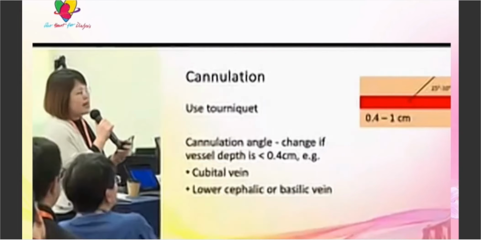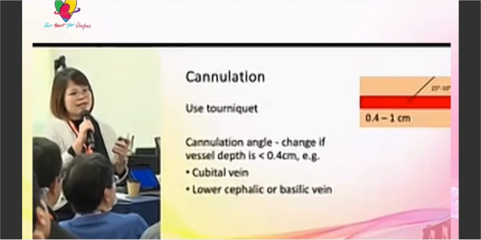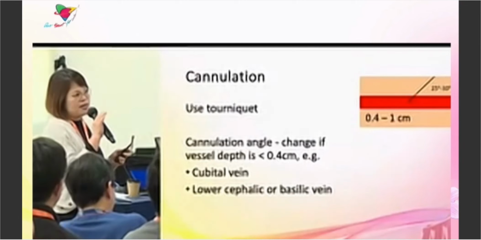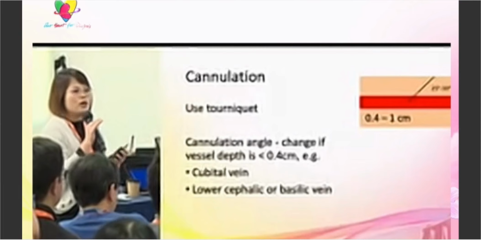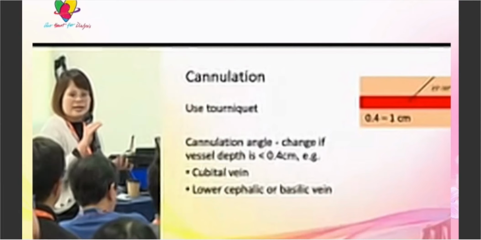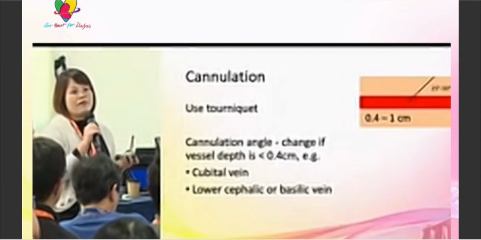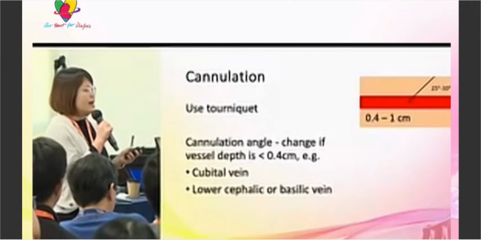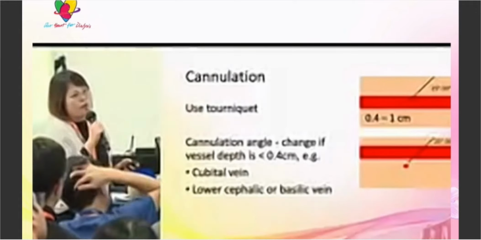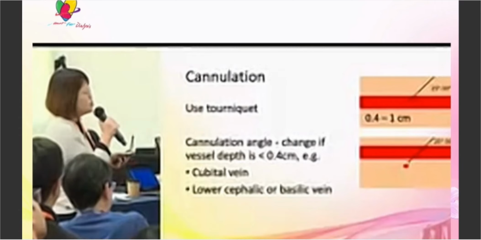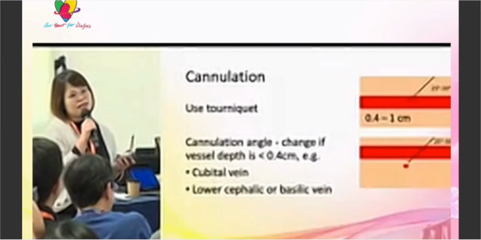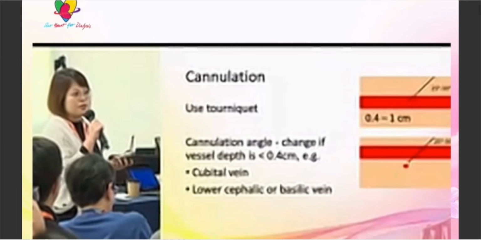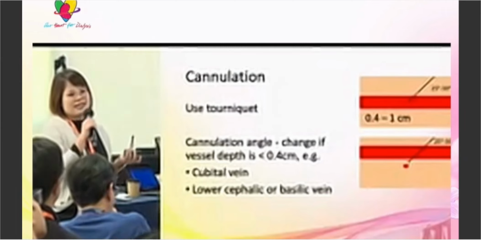As we know, most dialysis nurses cannulate using a 25 to 30 degree entry angle. And often for a fistula that is normal, not too superficial or not too deep, it will be all right. And this is what they are familiar with as well. However, for segments that are very superficial, in some cases we do have a lot of back wall injury and cannulation injury in the beginning, because first, they couldn't see it.